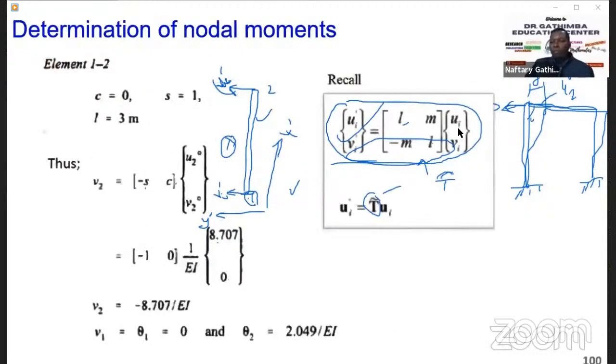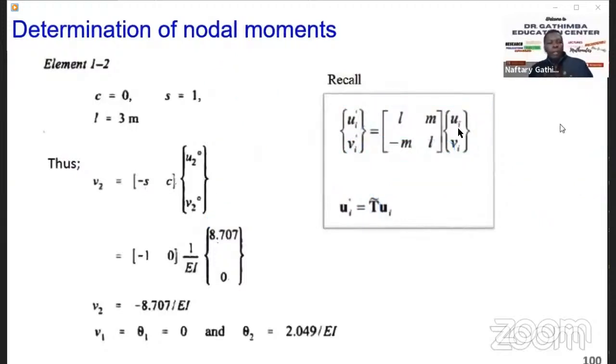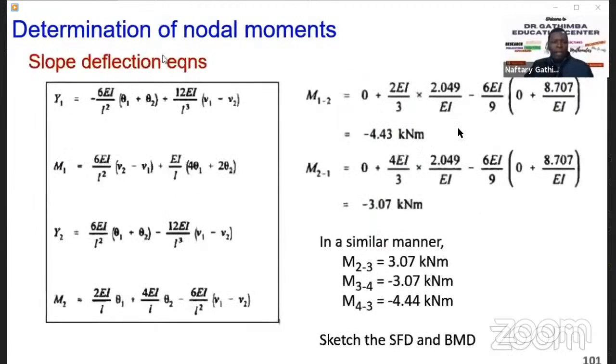Now, for those of you who got interested in whatever I had prepared in the latest tutorial, which was the derivation of the stiffness matrix, we talked of how we came up with the slope deflection equations, as shown here.